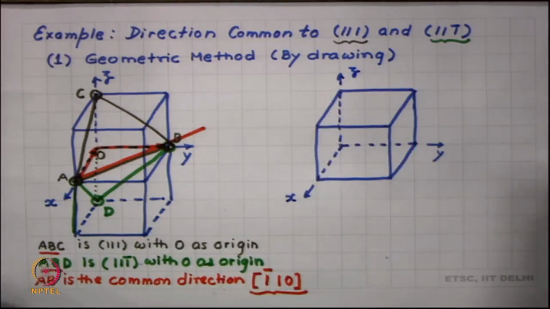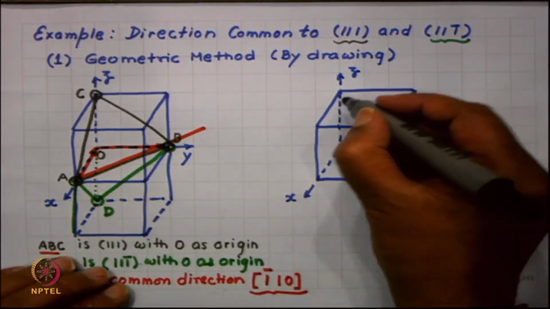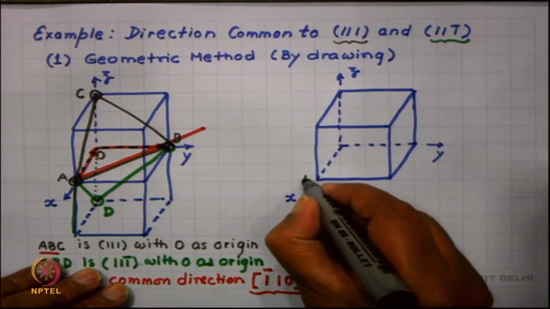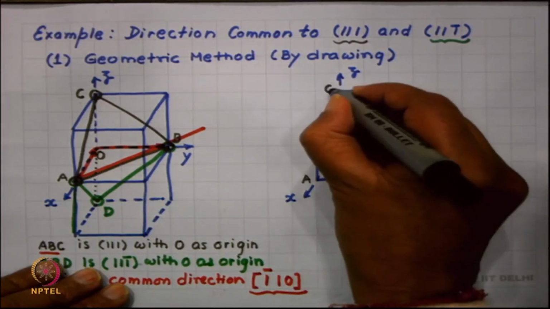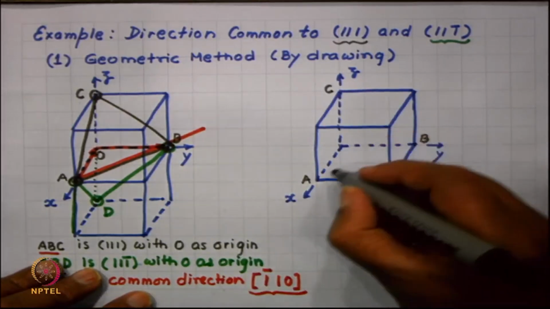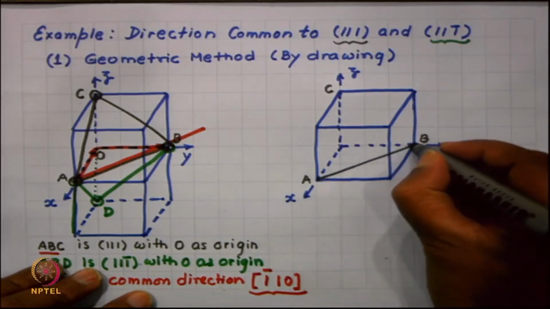So, let me try to draw these two planes in the same unit cell. The first plane is as usual as in the previous drawing, it will intersect the unit cell axes at A, B and C, and I draw these lines.